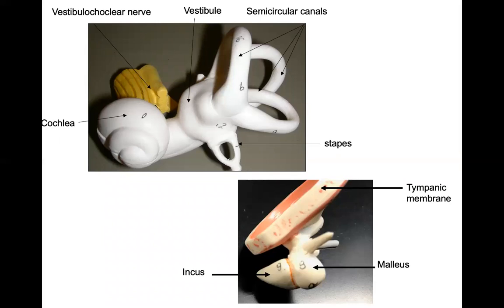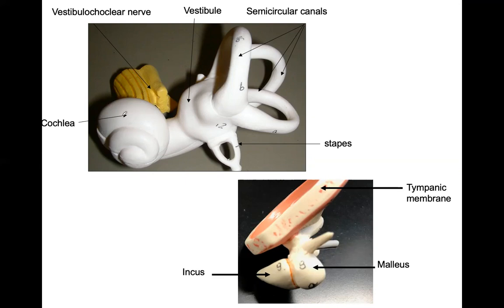The inner ear is made up of three separate structures. These half circles, there are three of them, called semicircular canals. This midsection or the body, which is called the vestibule, and the snail shell that is called the cochlea.